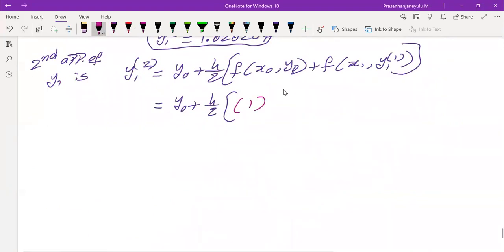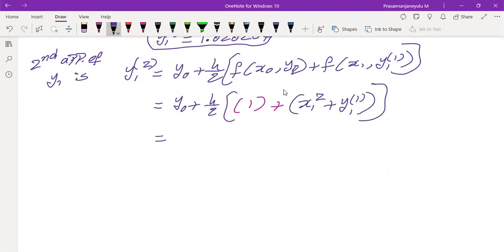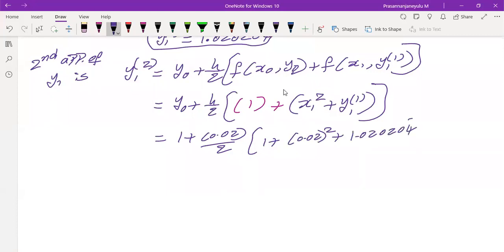I'm putting some brackets, plus f of x1 comma y1, which can be written as x1 square plus y, where y is the first approximation of y1. Substituting all the values: y0 is 1 plus h by 2 is 0.02 whole by 2 into 1 plus x1 value 0.02 whole square plus first approximation of y1, 1.020204, which we just got.